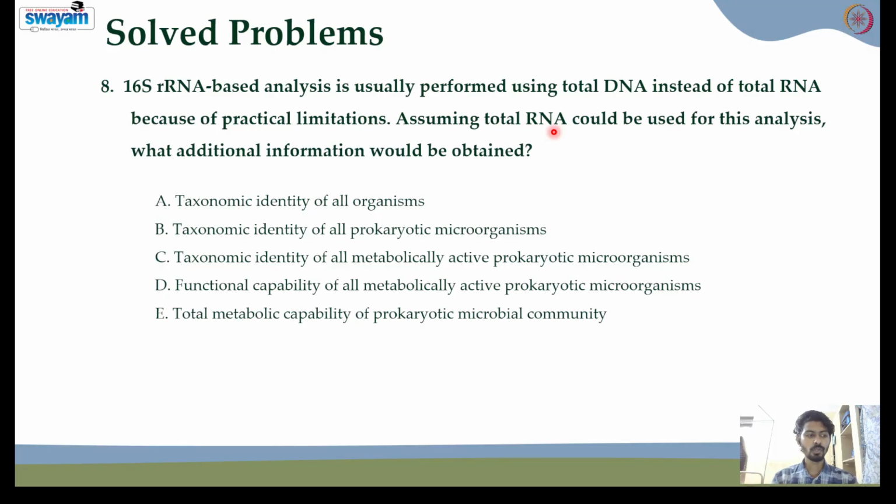Option E, total metabolic capability of the prokaryotic microbial community. So I will repeat the question once again. 16S rRNA based analysis is usually performed using the total DNA instead of total RNA because of practical limitation. Assuming total RNA could be used for this analysis, what additional information could be obtained?